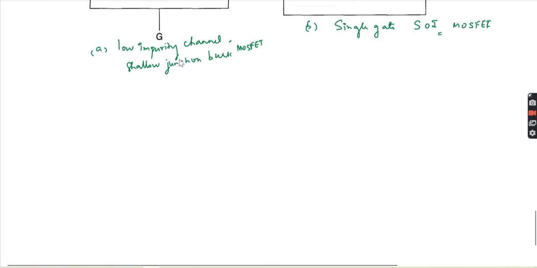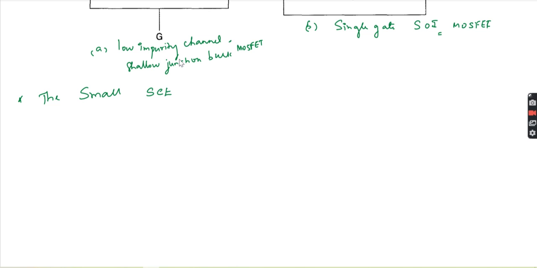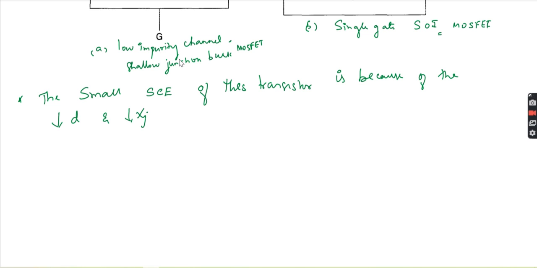So I can make a note: the small short channel effect of this transistor is because of a smaller depletion depth, that is d, and a smaller junction depth.